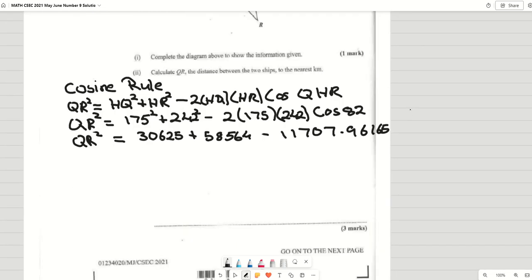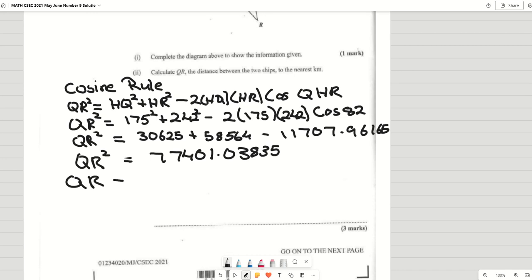So you'll get QR squared is equal to 77401.03835. So QR would be equal to the square root of that, since the opposite of squared is square root.